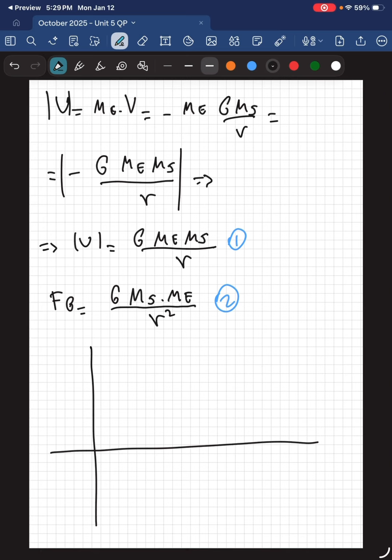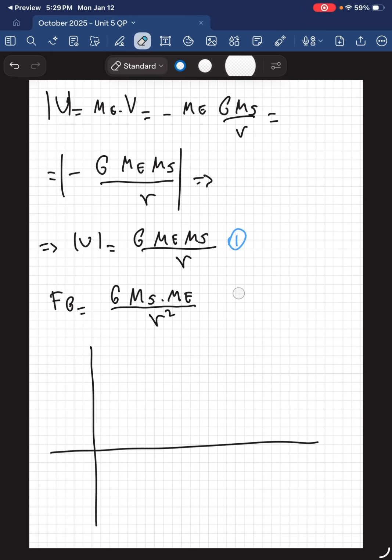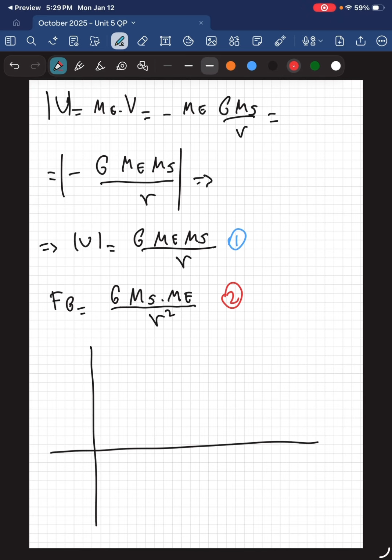Let me erase this, and let's use red. So this is going to be the magnitude of the gravitational potential energy, right?